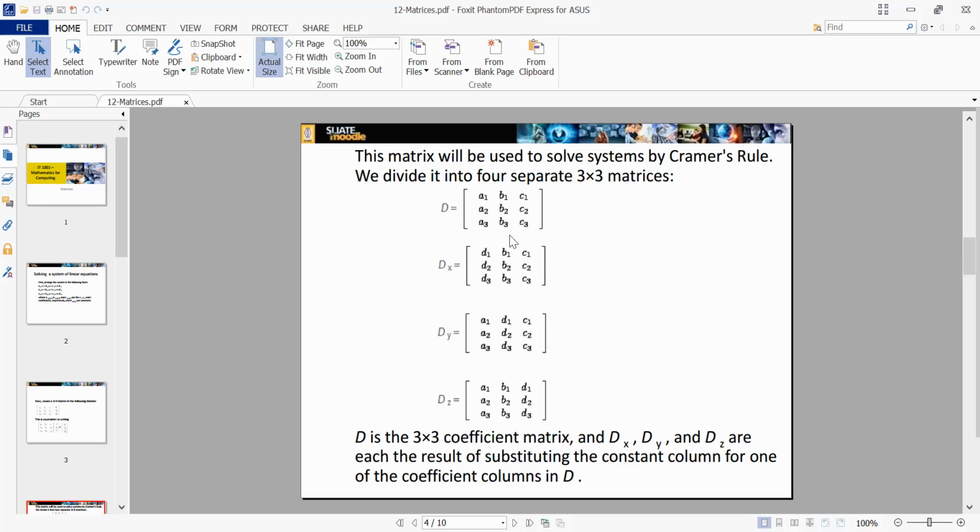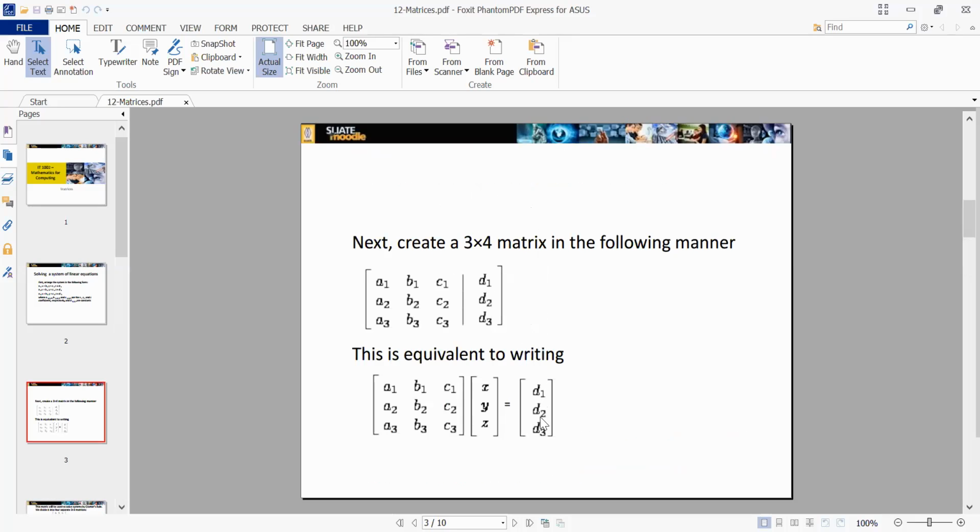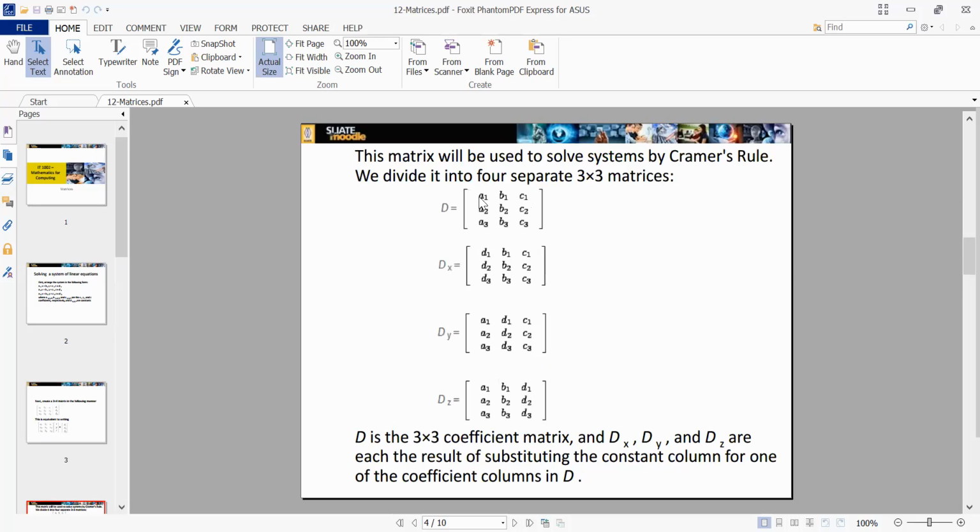For Dx, in this matrix you have to replace the x position by D1, D2, D3. So instead of A1, A2, A3, you have to put D1, D2, D3, and the rest of the elements are the same. No need to change the rest of them.